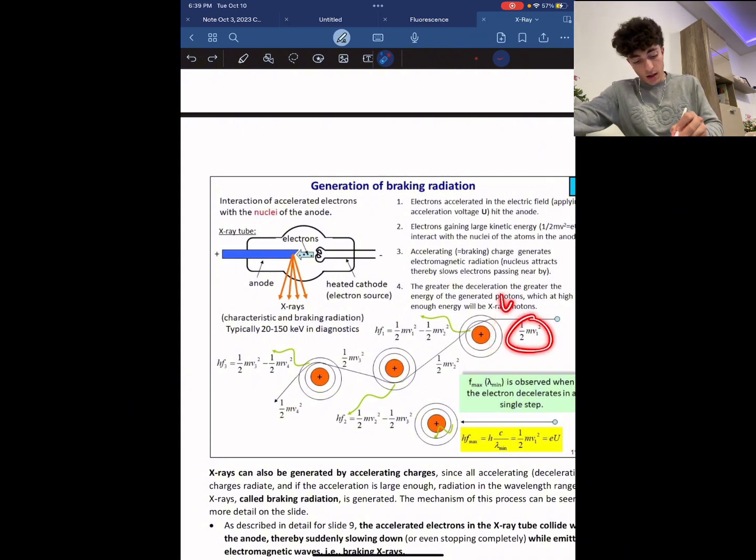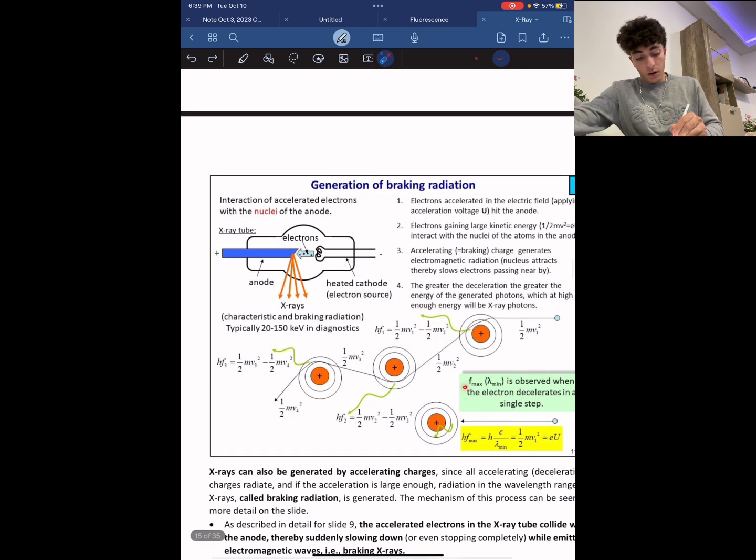So this, of course, is kinetic energy. Fine. But when it slows down, it is the kinetic energy minus the kinetic energy of the photon that's being emitted. And you can know that the frequency max, or the lowest lambda min, which is the wavelength, is equal to the highest energy.